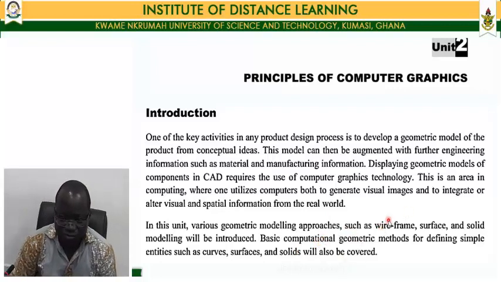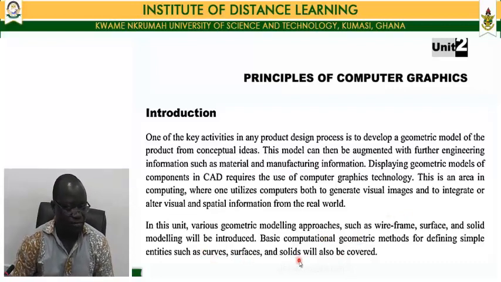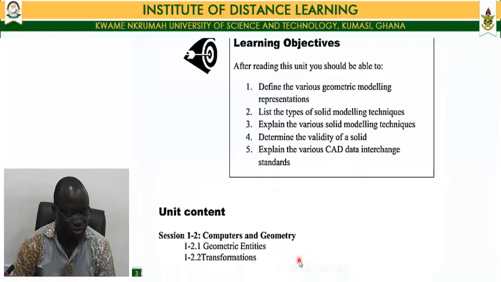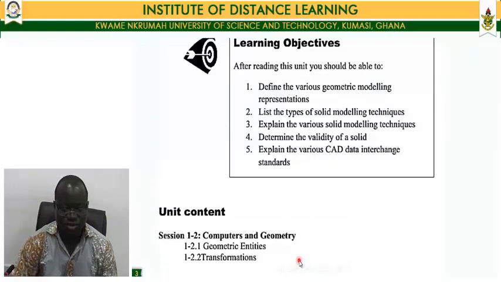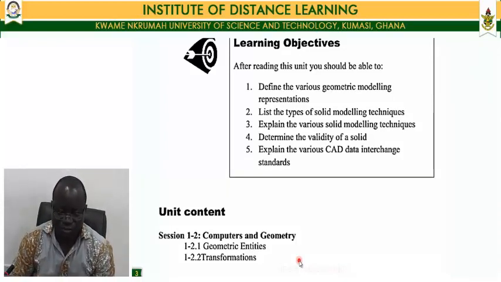So, by way of learning objectives, at the end of this unit, we expect to have covered the following. We should be able to define the various geometric modeling representations.